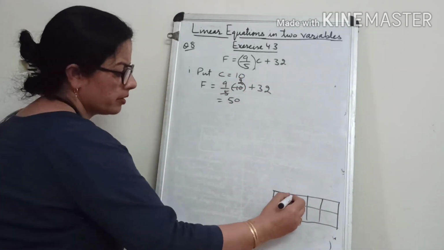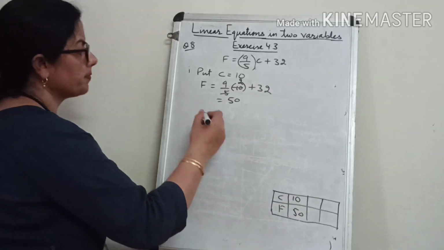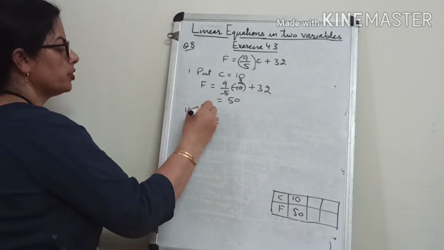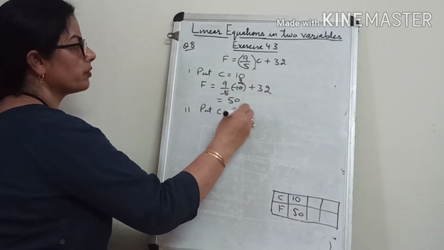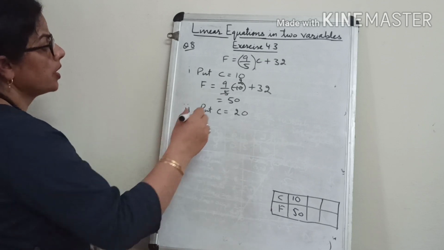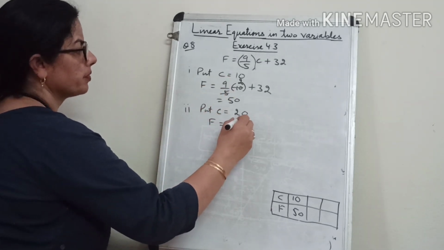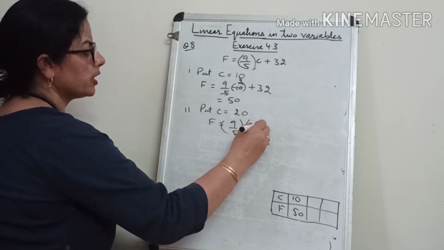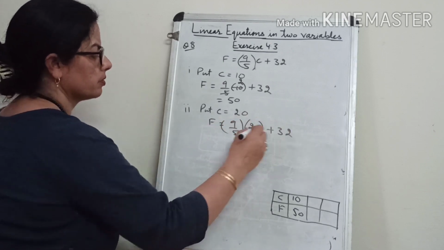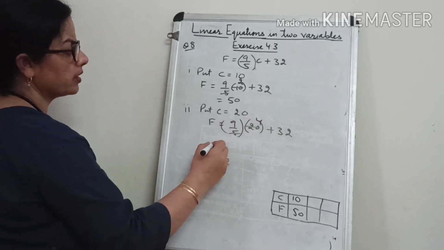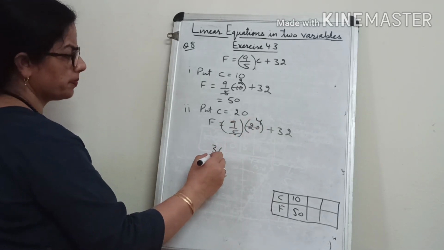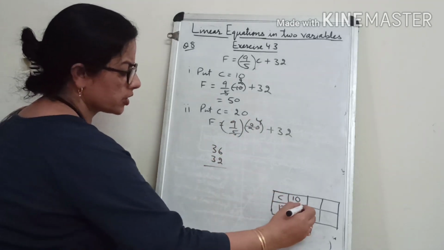If C is 10, then Fahrenheit is 50. Now second value. Let us take C equal to 20. If we take 20, Fahrenheit will be 9 by 5 in place of C 20 plus 32. 5 4s are 20, 4 9s are 36, plus 32, that is 68.